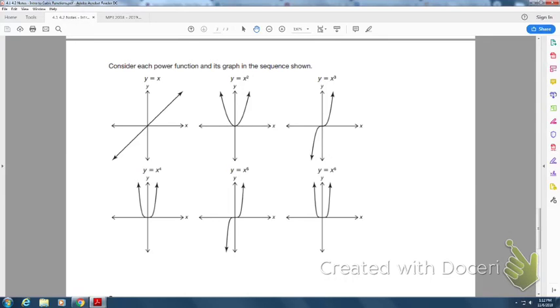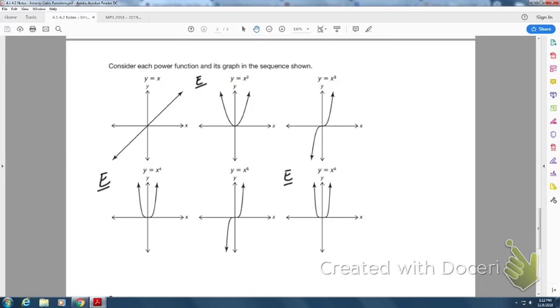And what makes them similar is that 2, 4, and 6 are all even exponents. And they all look like a parabola. It's just that down here close to the vertex, it looks like it just gets wider and wider, or it kind of gets flatter down there, however you want to see that.